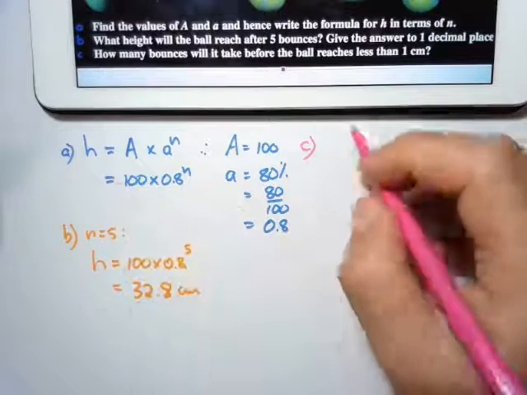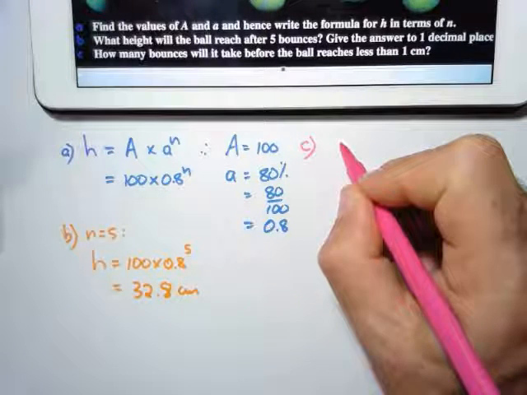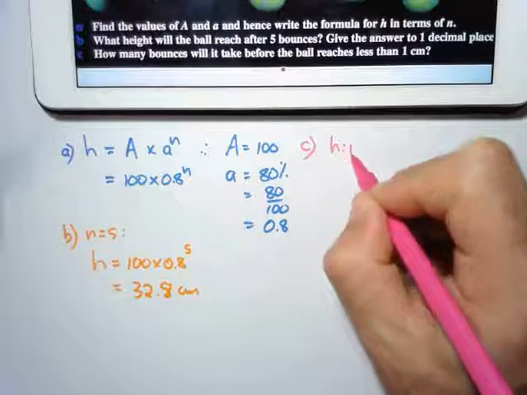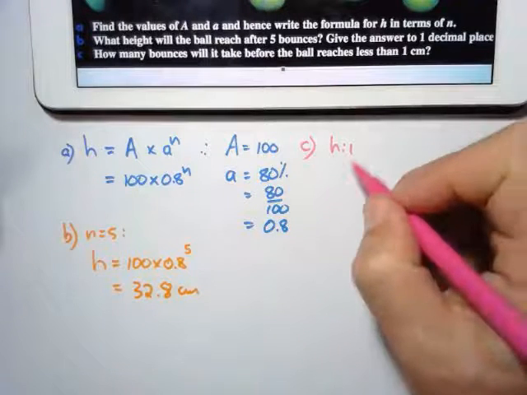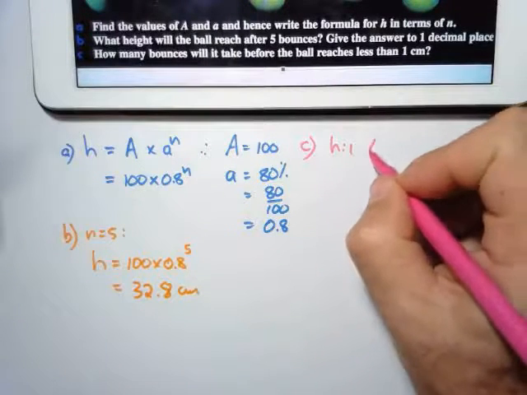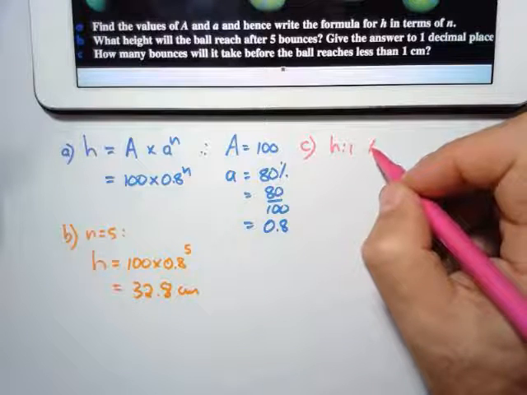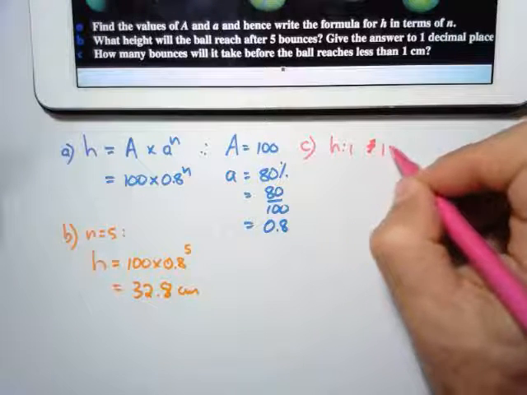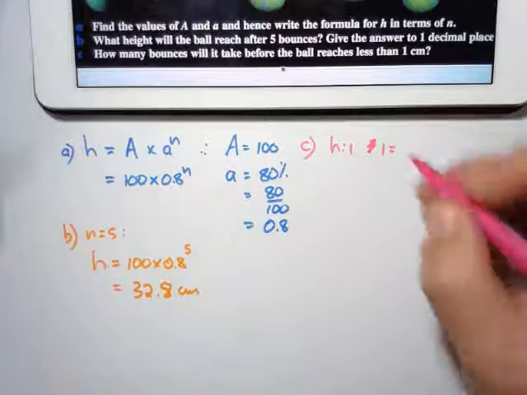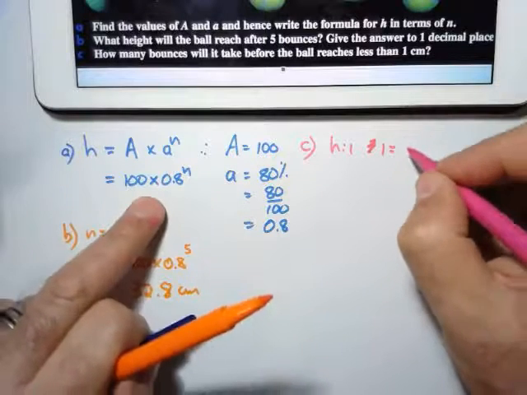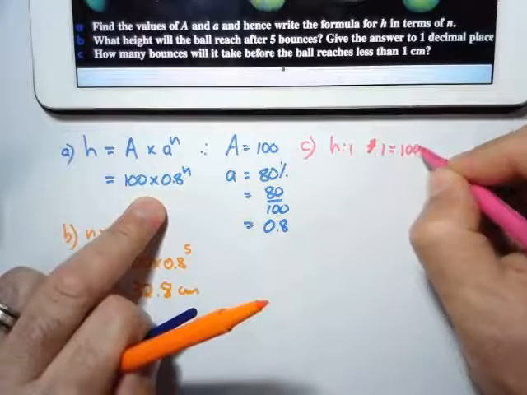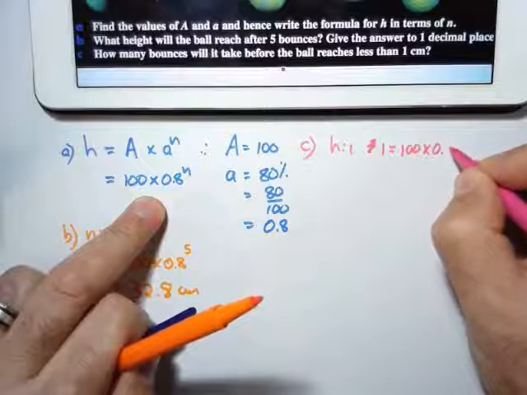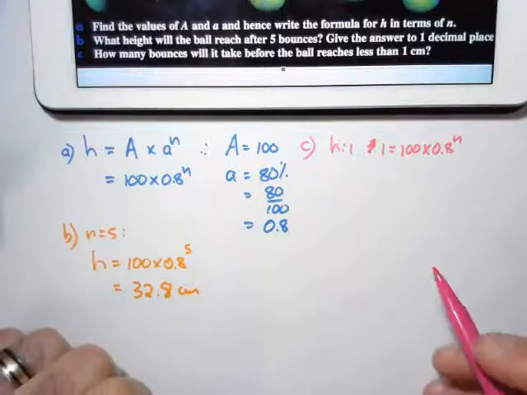So we want n when H is 1. So let's just use H as 1. So when H is 1 centimeter, 1 equals, sorry, it's 1 equals 100 times 0.8 to the power n.